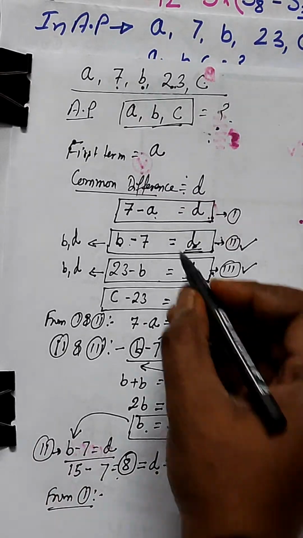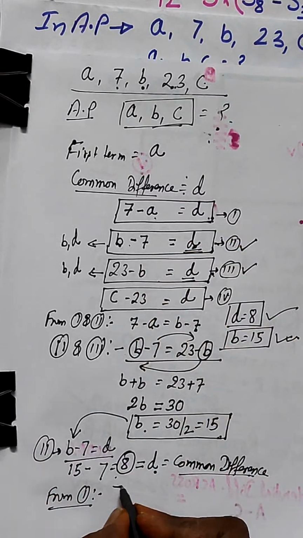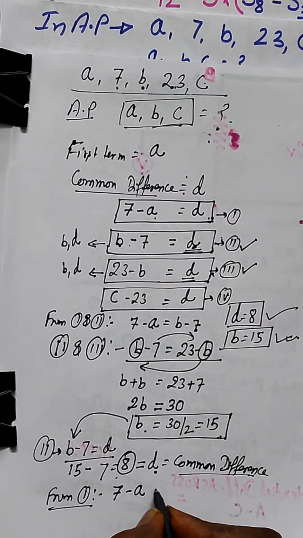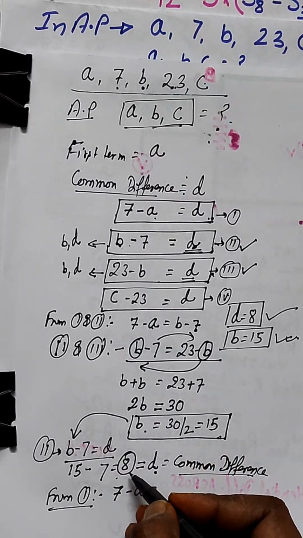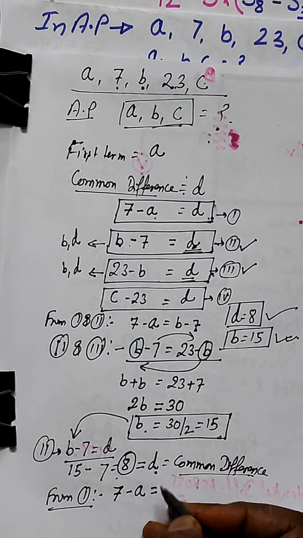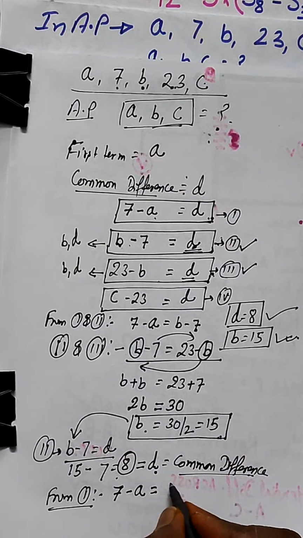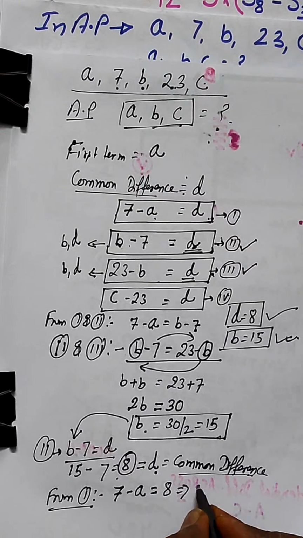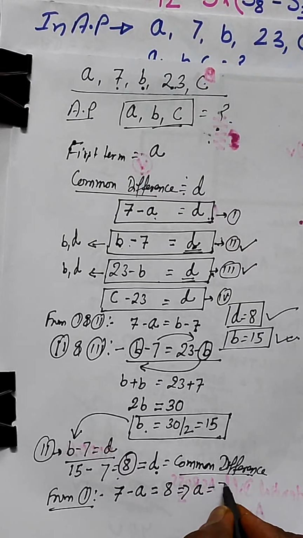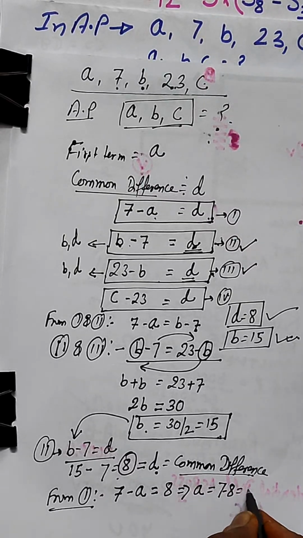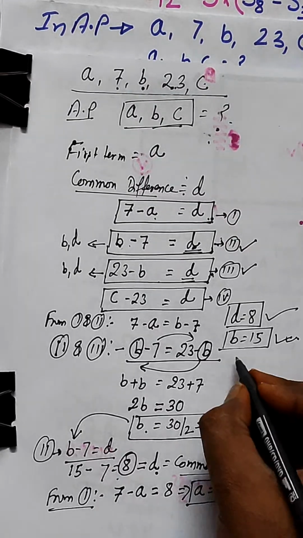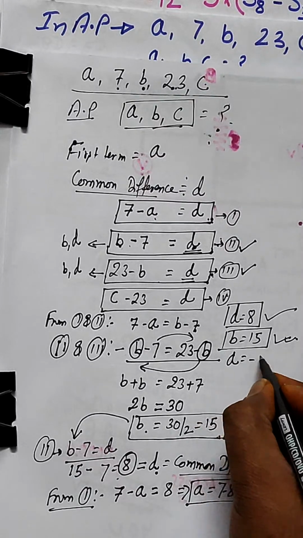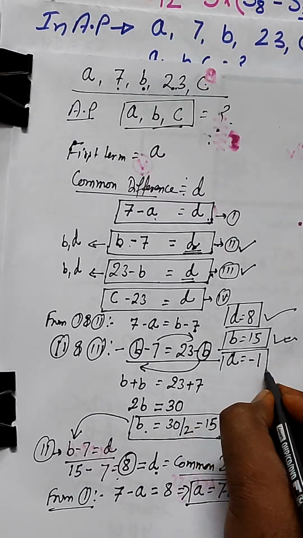So from 1, 7 minus A equal to D, that means 7 minus A will be coming as equal to the common difference D. What's that? D we have calculated as 8. So from here A is calculated as 7 minus 8, which is equal to minus 1. So A equal to minus 1 is the third value which we have calculated, right?